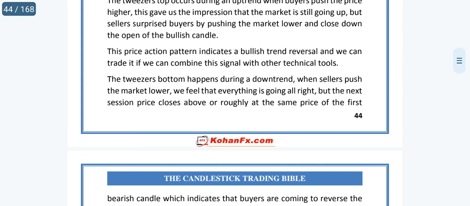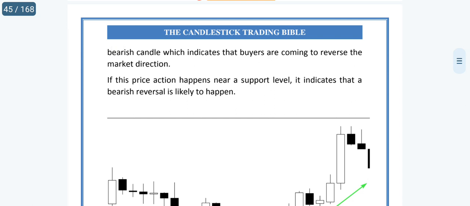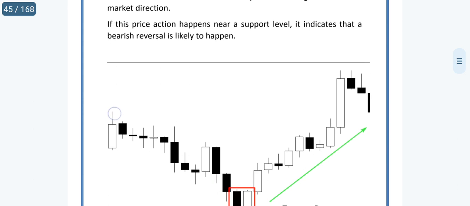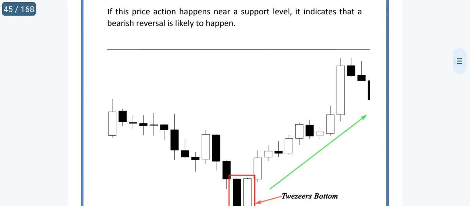We feel that everything is going all right, but in the next session, price closes above or roughly at the same price of the first bearish candle, which indicates that the buyers are coming to reverse the market direction. If this price action happens near a support level, it indicates that a bullish reversal is likely to happen.